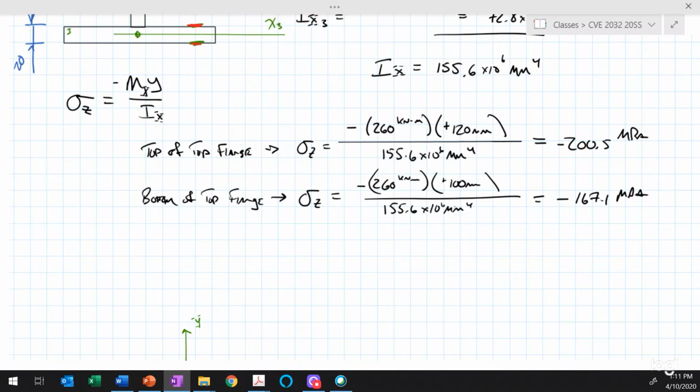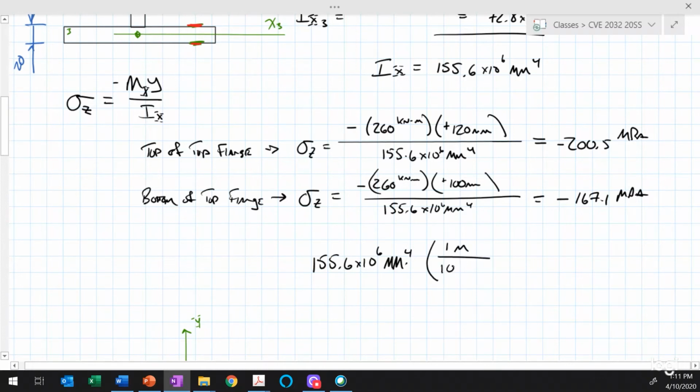One side note here is that when you convert the moment of inertia from millimeter units to meter units, you have to be careful. So if we were converting this, we could say that I sub x is equal to 155.6 times 10 to the 6th millimeters to the 4th. But if we're converting this to meters, then we would have to say that there's 1 meter in every 1,000 millimeters, but then this has to be to the 4th.